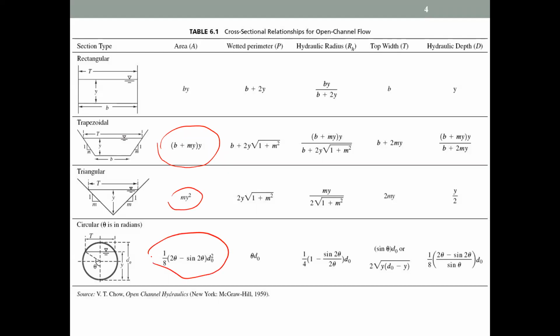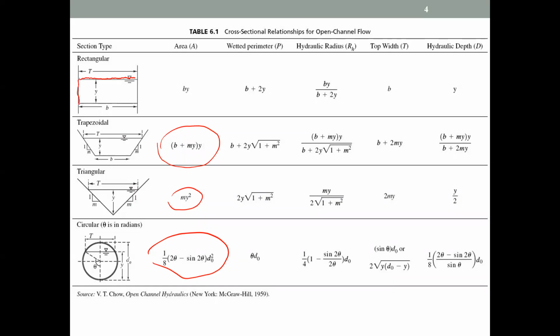Okay, now area is a simple concept. What is the wetted perimeter? Wetted perimeter is simply the length of this section wetted by water. Again, it is a simple concept. If you take this kind of rectangular section, now you see this is the water level, right? So what is the length wetted by water?